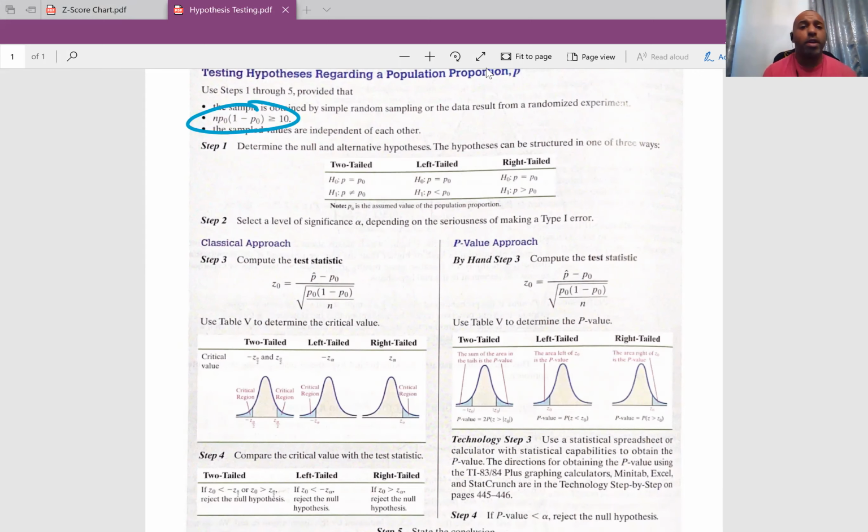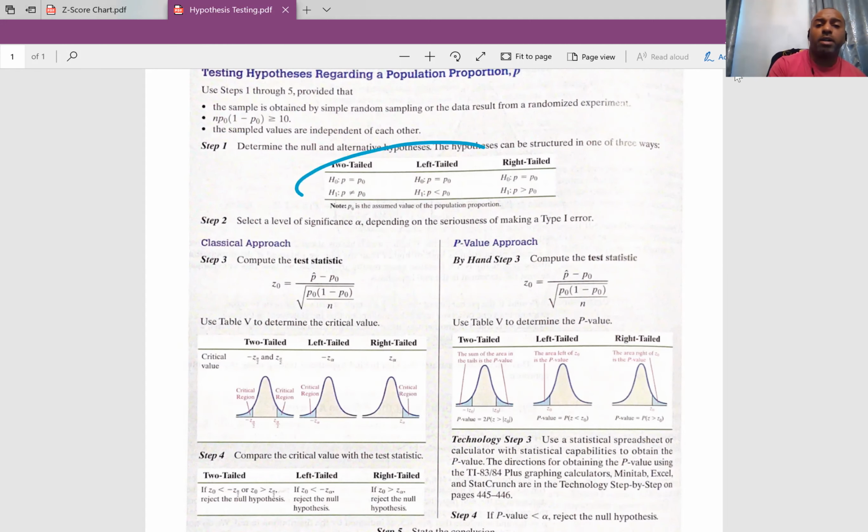And it's supposed to be greater than or equal to 10 in order for our condition to hold true. And then, are our samples independent of each other? Once again, just like in that first condition, that would be something that you'll be able to pull from the actual problem because we're not collecting the samples.